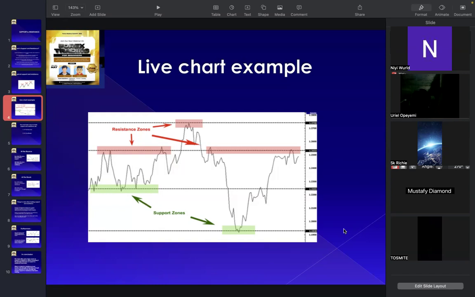This also applies to the resistance level. Once the market retests a resistance zone multiple times, it makes it stronger. You can see the red arrow pointing to the red zone.